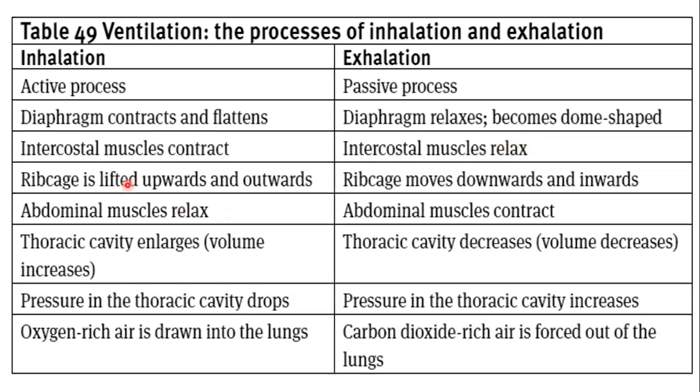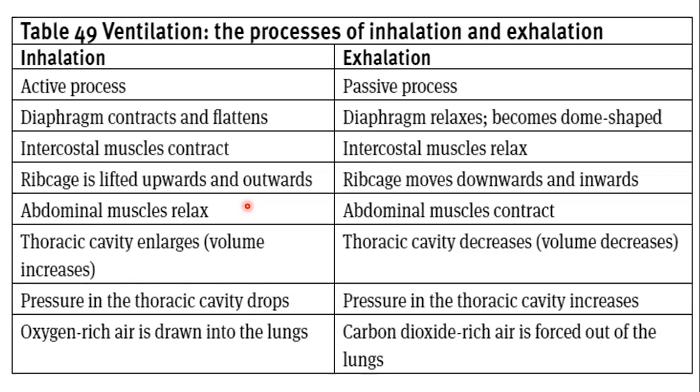When you breathe in, your rib cage will be lifted upwards and outwards. That's why when you're looking at a baby, or just an adult, to see if they're breathing, you look for movement around the rib cage, around the chest area.